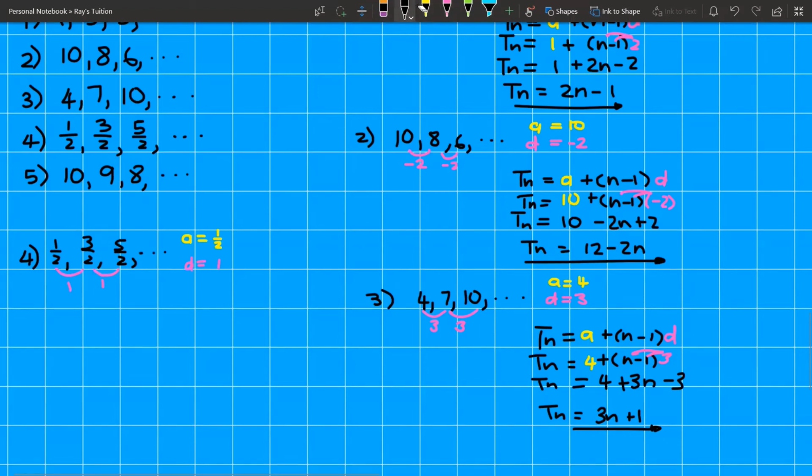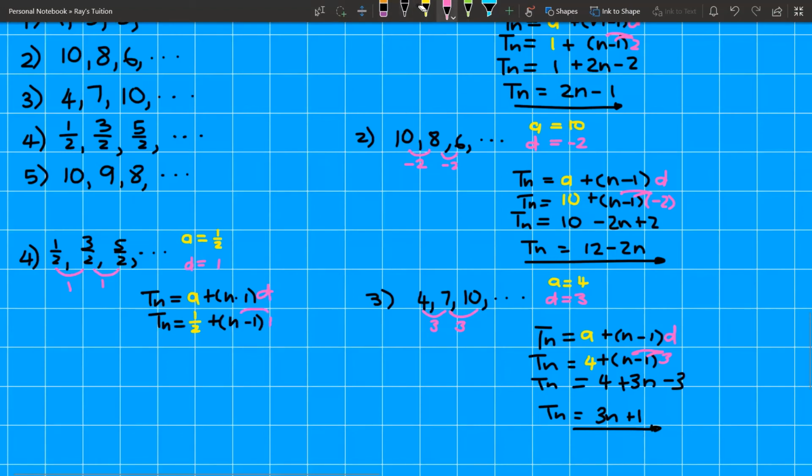Then finding our general formula, we have Tn is equal to A plus n minus 1 times d. And then we substitute. So Tn is equal to a half plus n minus 1 times d, which is 1.